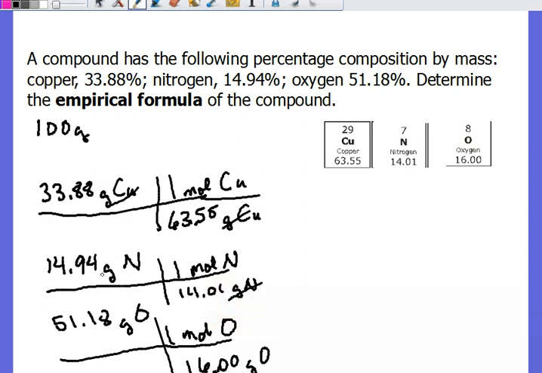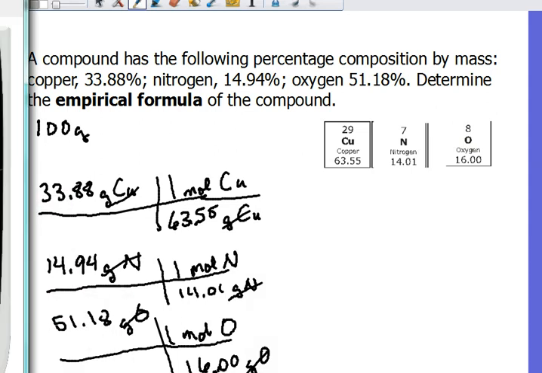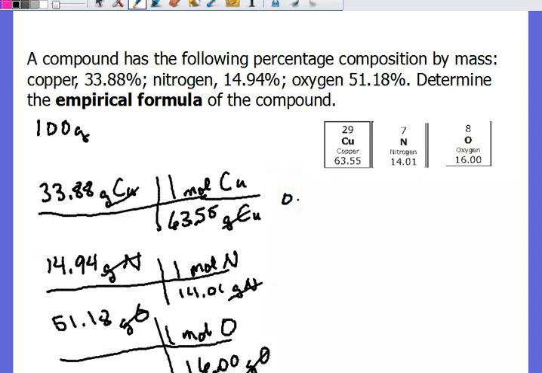So you do your division. I'll show you on the calculator. You take your 33.88 and divide that by 63.55, and you'll get 0.533 moles of copper.